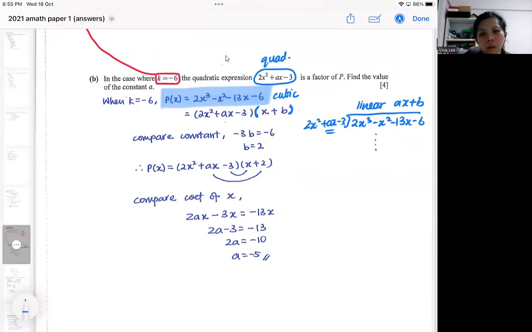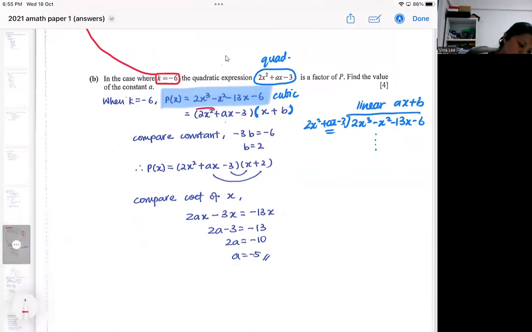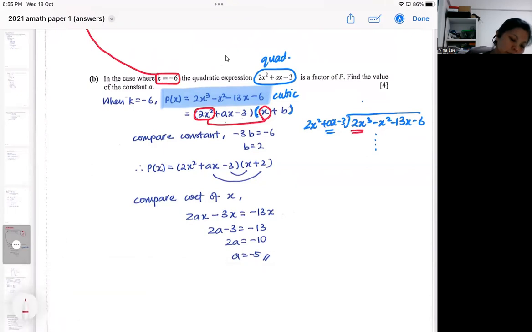However, the linear function that I got, I just put it as x plus b. How do I know that it will be x? Because if you look carefully here, if you multiply this, 2x squared and this, I cannot do a full long division, but I can do a little bit of long division with the first one. If I do a little bit of long division, it will have been x.